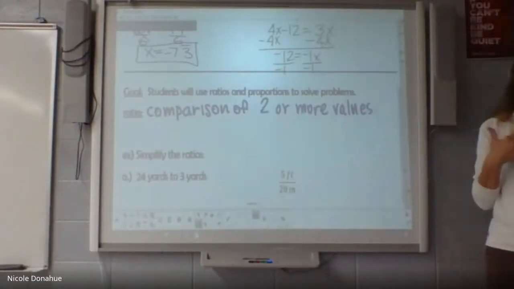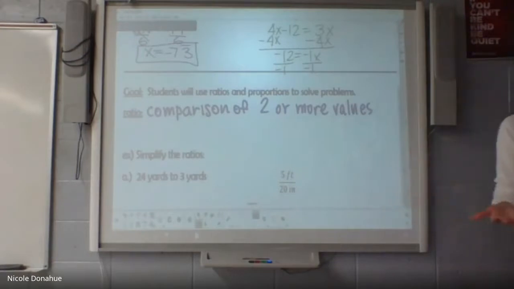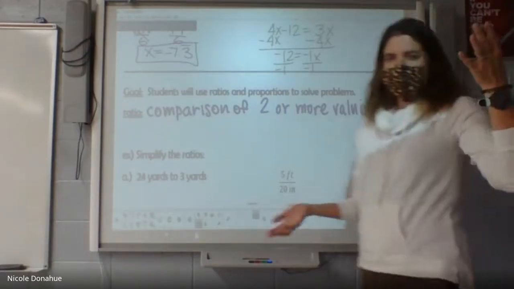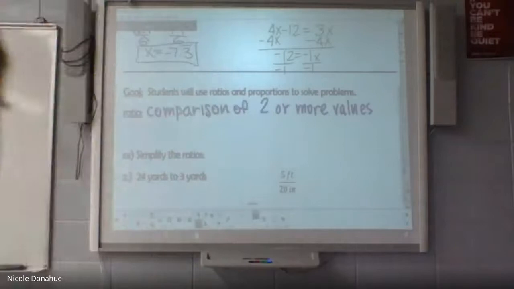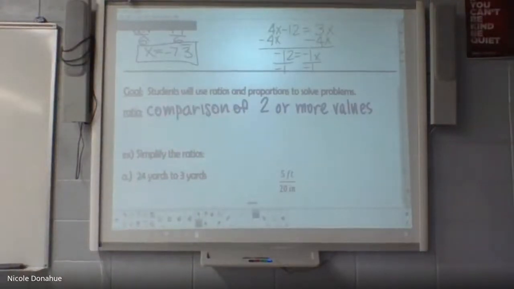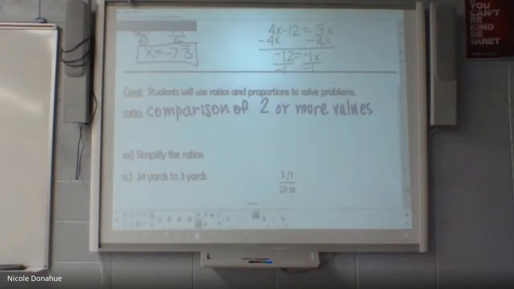If you like sports statistics, you use ratios all the time. The number of times someone gets a hit versus the number of times they were at bat. Free throw percentage. Even shopping, if I'm trying to figure out how many ounces I get for how much money, that's a ratio. That's comparing two values.